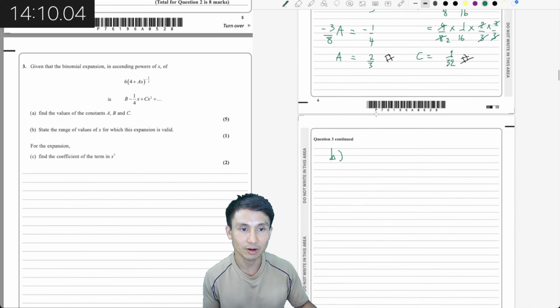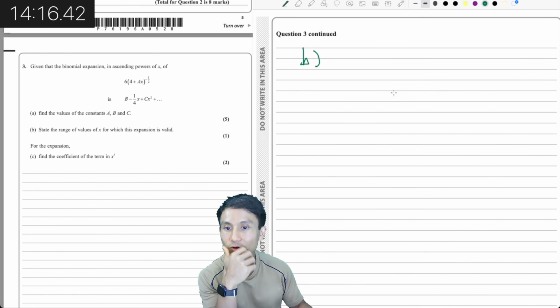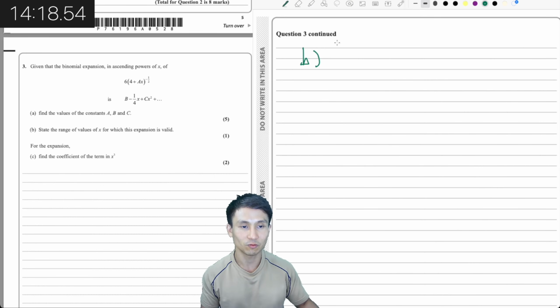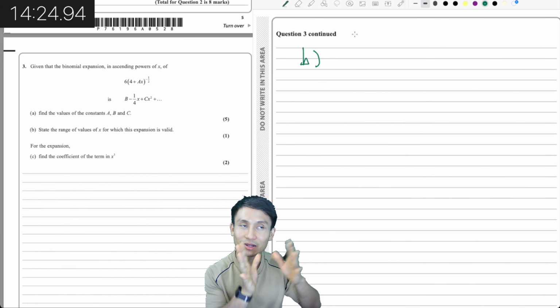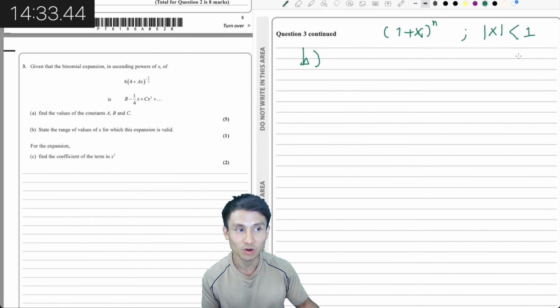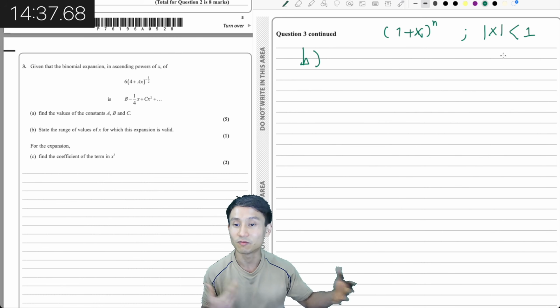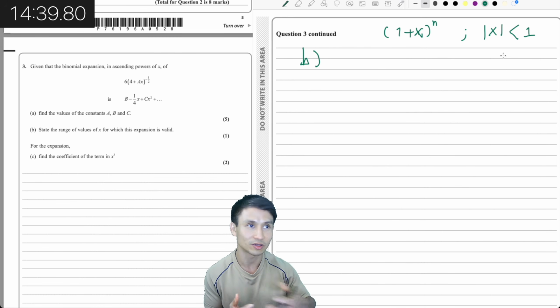Part B, all right, so let's have a look at part B. State the range of values of x for which this expansion is valid. Well, the thing with the validity of the binomial here is that for the x term in the formula, so we have 1 plus x to the n, the modulus of x must be less than 1, because otherwise the expansion won't be a convergent series.